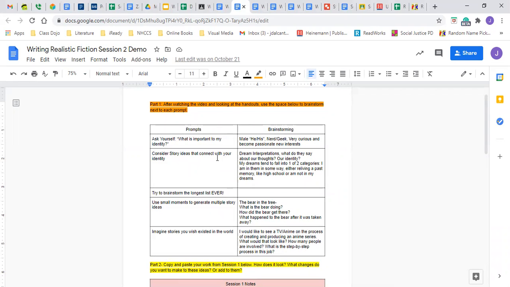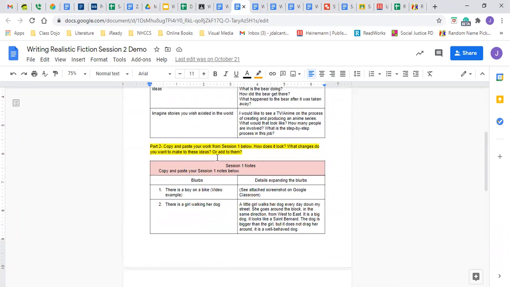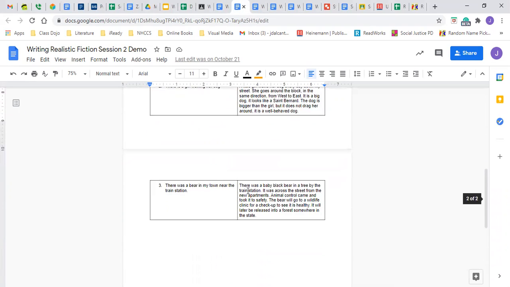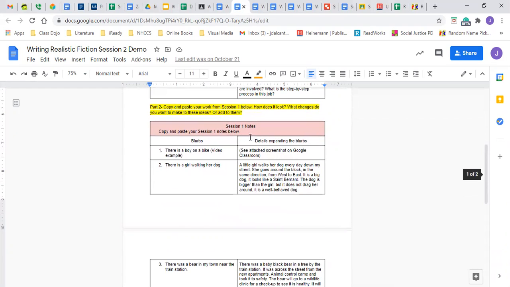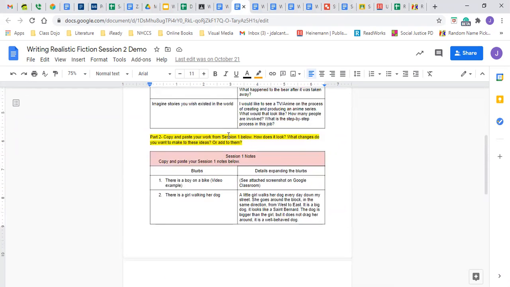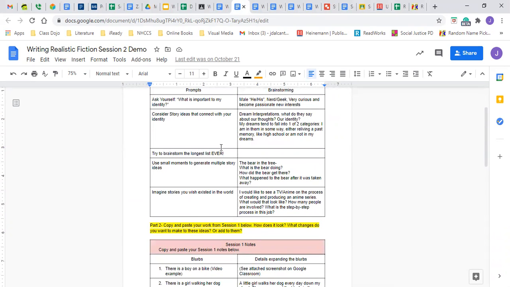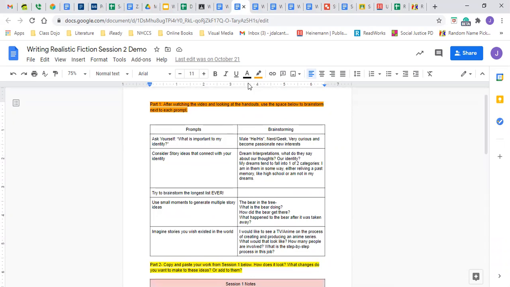Again, students were to start brainstorming on one of those ideas. So they'd copy and paste down here below from session 1, and then go up top here and figure out what do they want to turn into a short story. And this is the teacher version. Students had access to their own version.